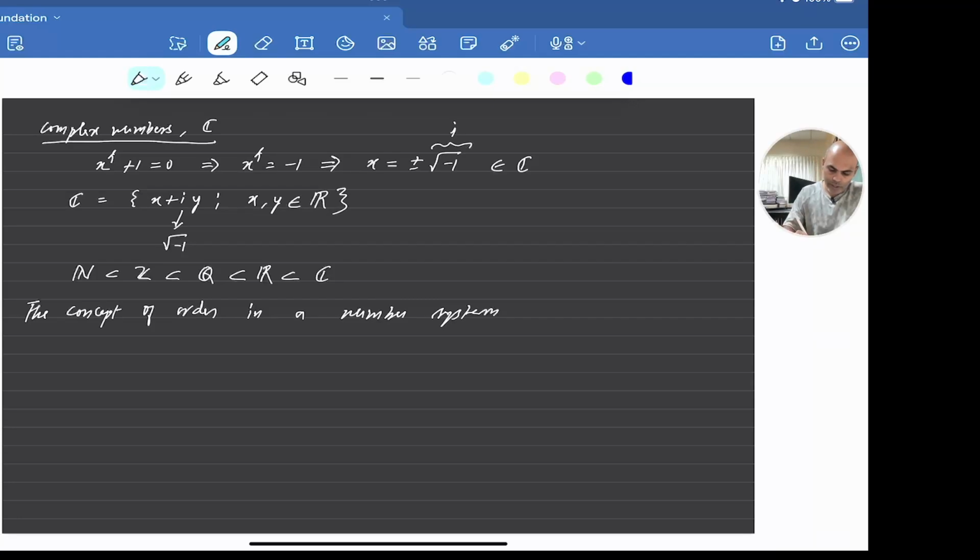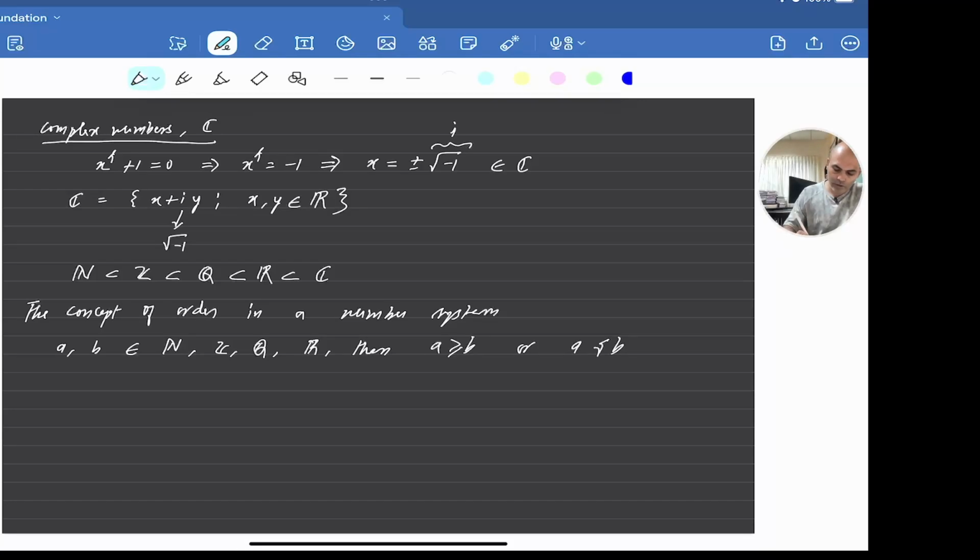So if you take any two numbers a and b that are in N, Z, Q, R, then we can say whether a is greater than or equal to b or a is less than or equal to b.